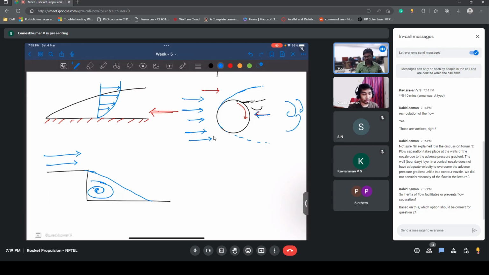No, you cannot say the boundary layer on the nozzle divergent has low velocity, right?